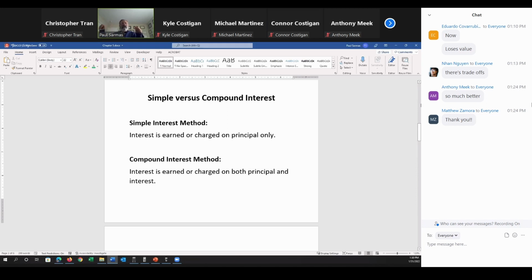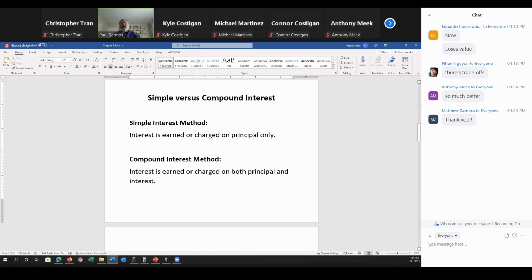The following January, you get another 10% interest, that's $10 again. You always get 10% on top of your principal. That is called simple interest, where interest is earned or charged on principal only.